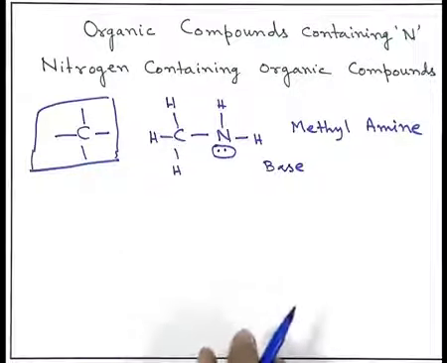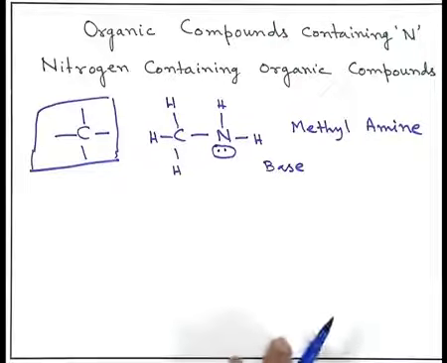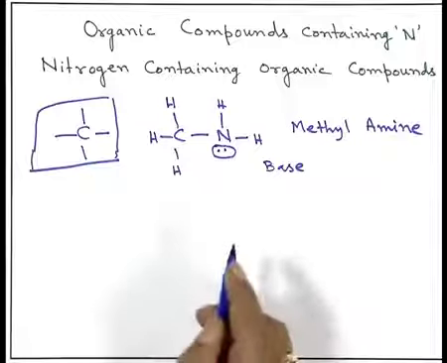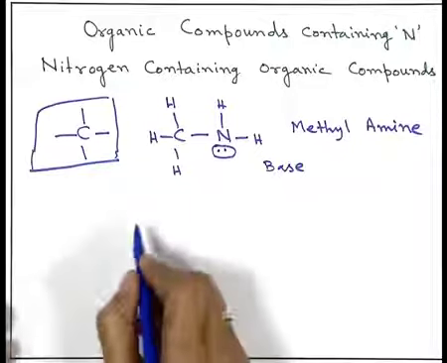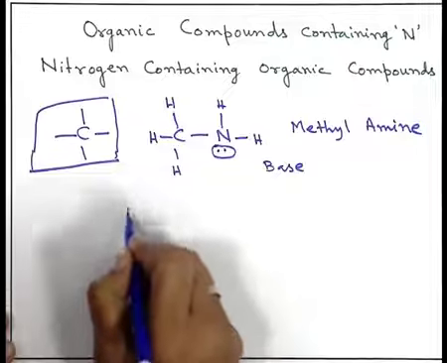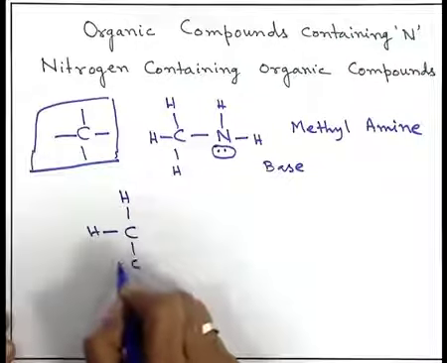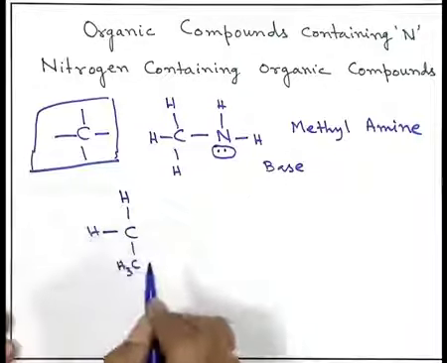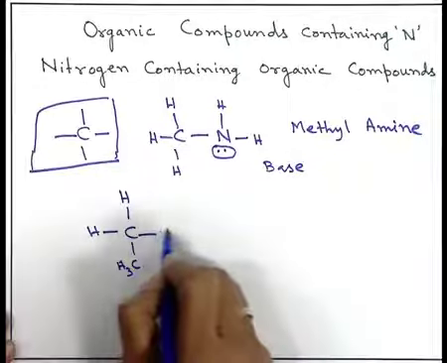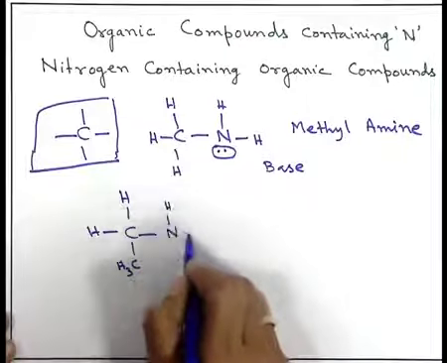And then the question comes, if I substitute some other hydrogen atom with the methyl group, then what will happen? Say, keeping the two hydrogens intact, I put one methyl group instead of hydrogen.